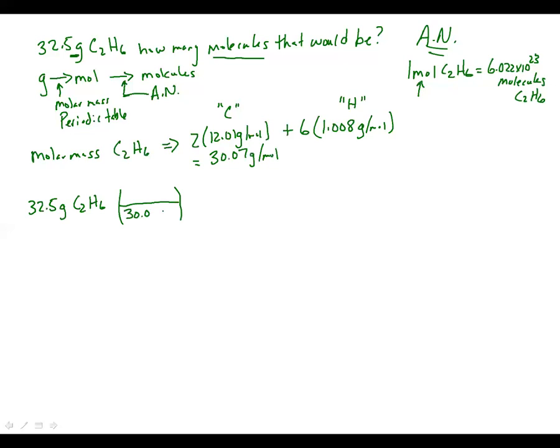Remember that the number stays with the grams, and it's always 1 mole when you do molar mass. So the grams would cancel. Again, here you don't need to get an answer, but I will just to show it to you. We will get 1.0808.